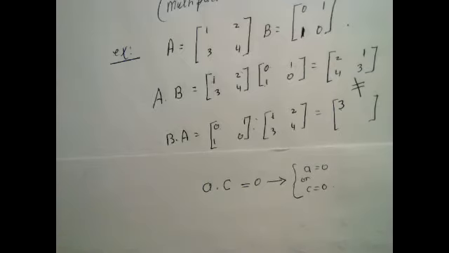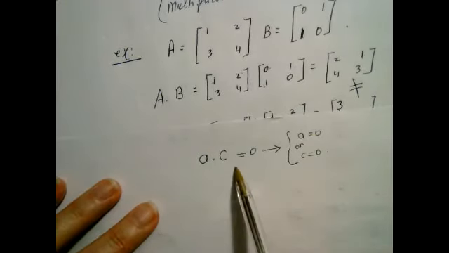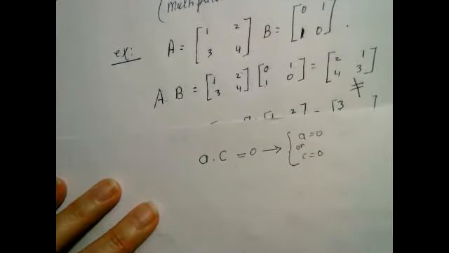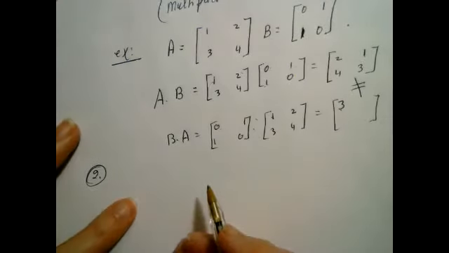This property fails for matrices. It means we can have two matrices, both of them not 0, but when you multiply them, you get the 0 matrix. So the second property of matrices, that's not what we want, but that's how it works.